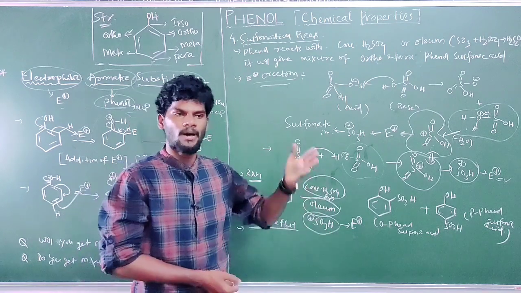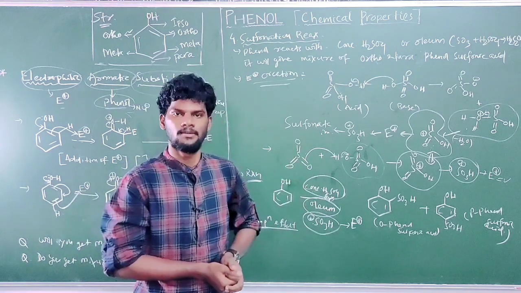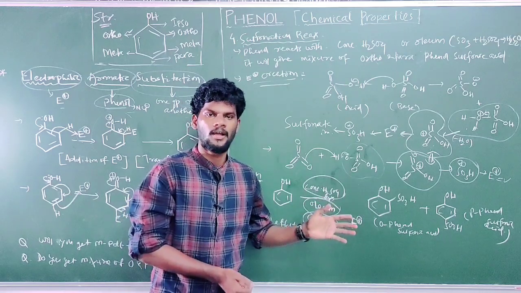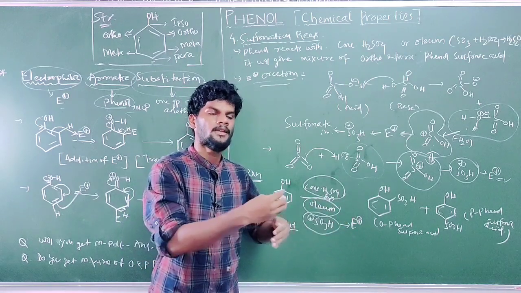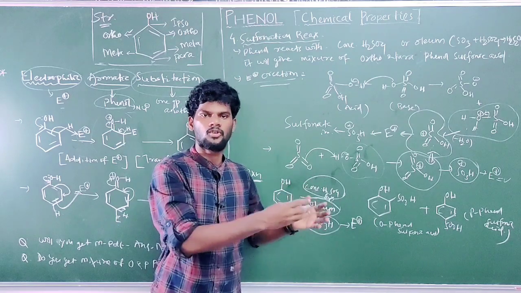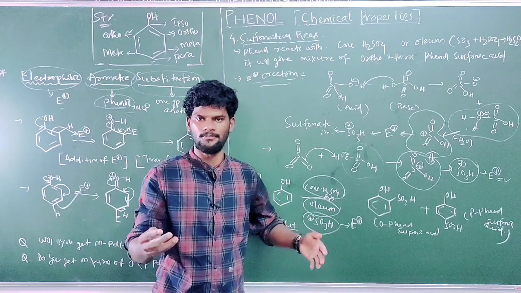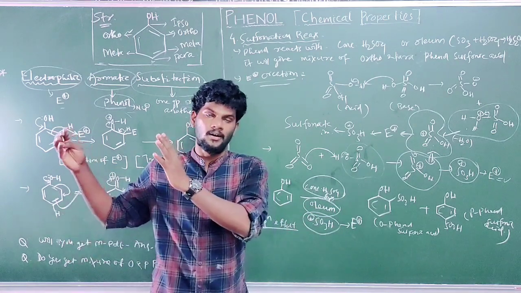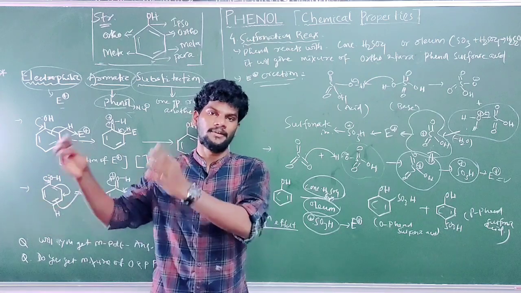Why? Para product is the thermodynamically stable product, and ortho product is the kinetically favored product. Kinetic means how fast the product forms; the ortho product forms faster than the para product, but the stable product is the para product, which forms at higher temperature at a later time.